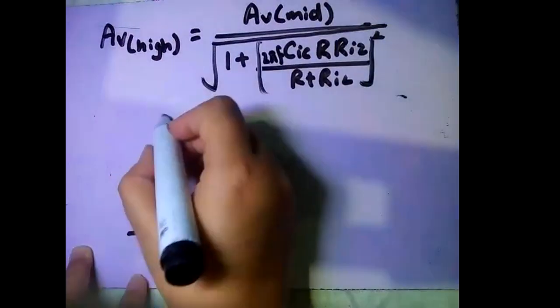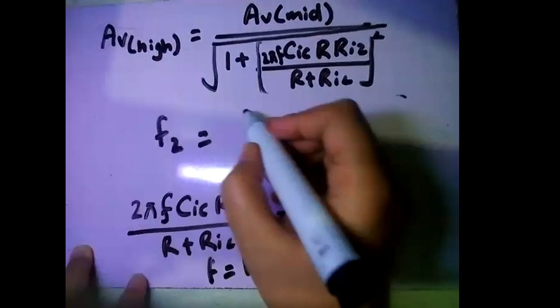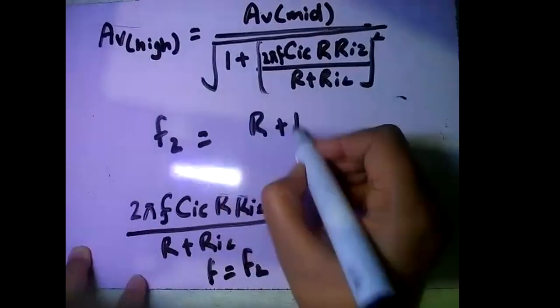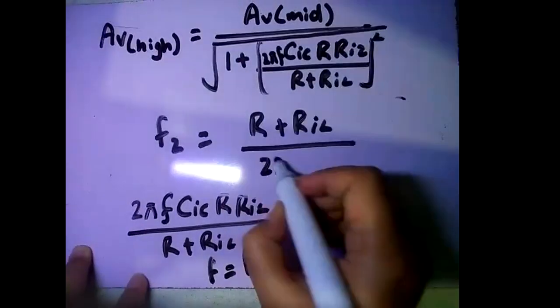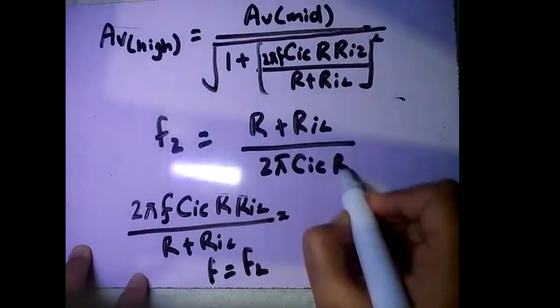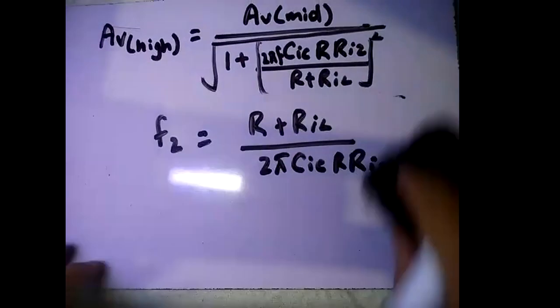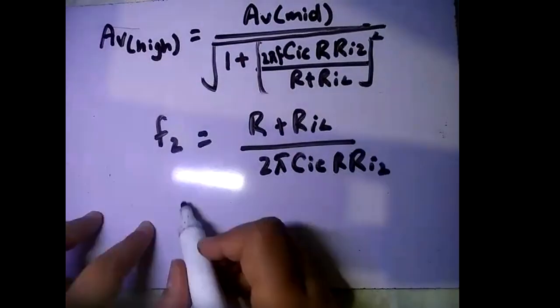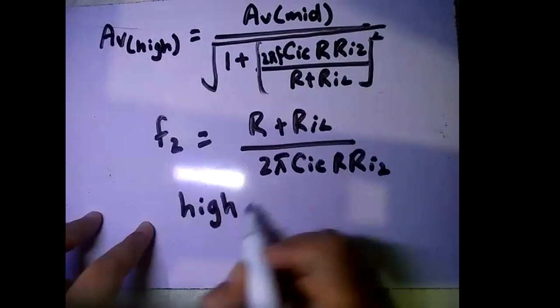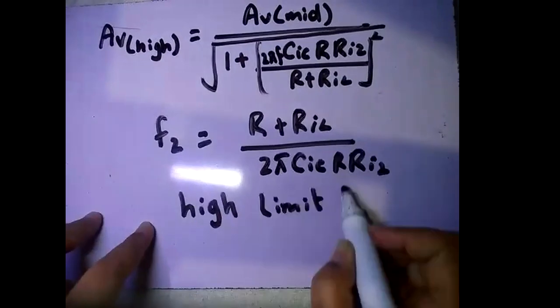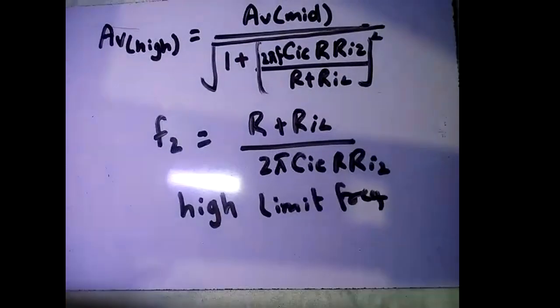By rearranging that, f2 equals (R plus R_i2) divided by 2 pi C_IE R R_i2. So this is the relation for the high limit frequency. This is the limiting value. At this value, the gain becomes 1 over under root 2 of the mid frequency gain.